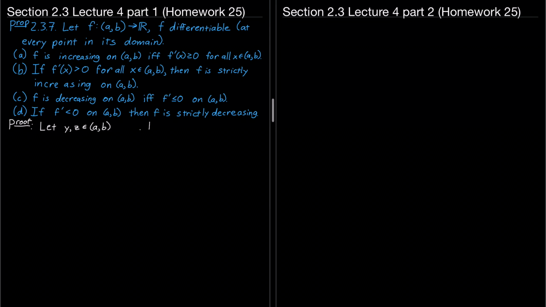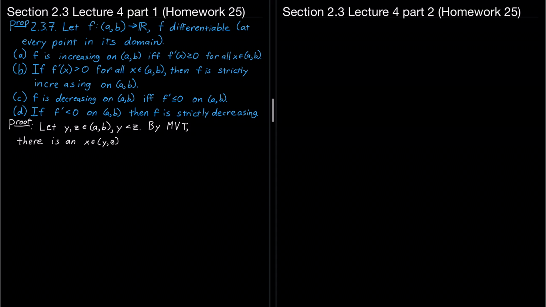And then by the mean value theorem, we're going to assume that y and z are not equal, and we're going to let y be the name of the smaller one. So by the mean value theorem, there is an x that's strictly between y and z.